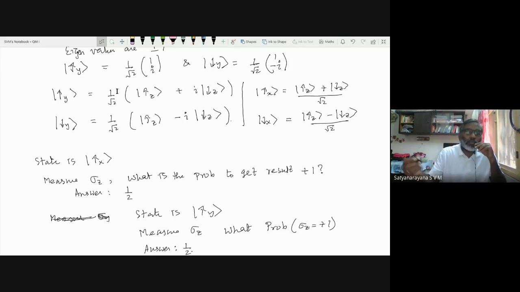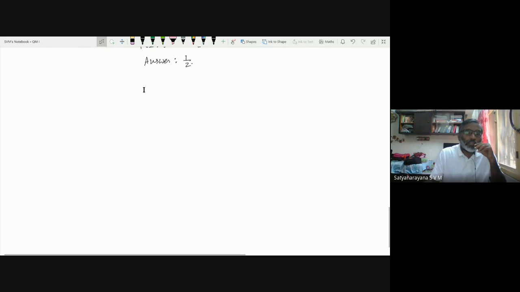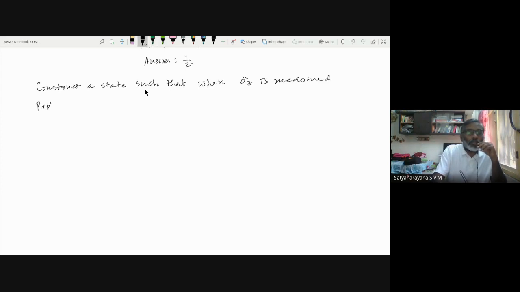Suppose I give you only probabilities. So I am saying, construct a state such that when sigma z is measured, the probability of getting plus 1 is equal to half, and the probability of getting minus 1 is equal to half.